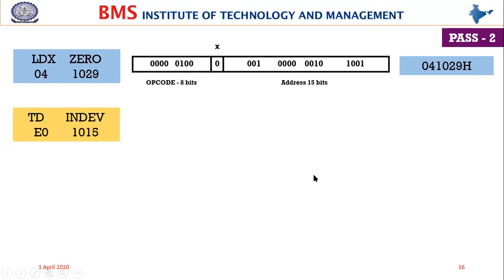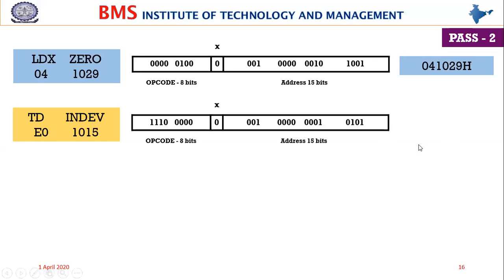Then we have the next instruction, which is a TD. The TD's opcode is E0, and INDEV is a hexadecimal constant, which is declared at the location pointer value, or address, 1015, right? The same way here we are going to write. The E is written as 1110, followed by 4 zeros.